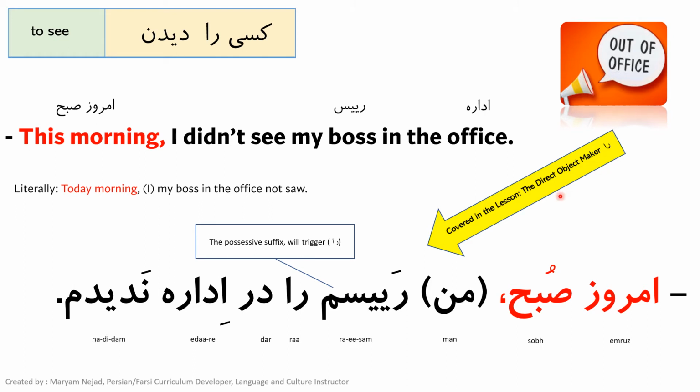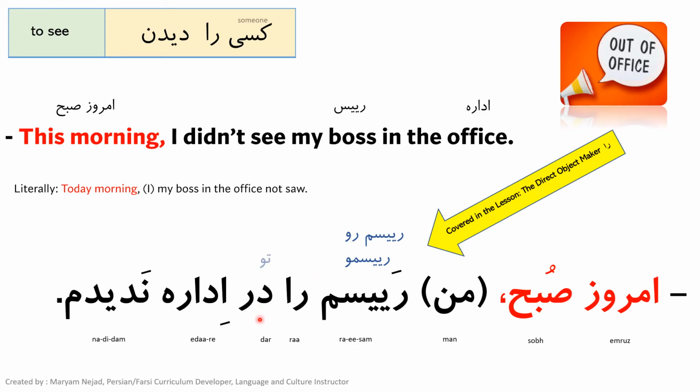Alright, so now let's see how do we say this sentence in the spoken informal language. We don't need to say man, and also رئیسم را becomes رئیسم رو. So ra becomes ro, or even more informally becomes the letter u. So رئیسم مو. One more time, رئیسم رو or رئیسم مو.